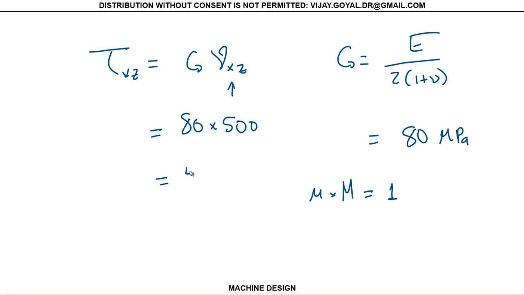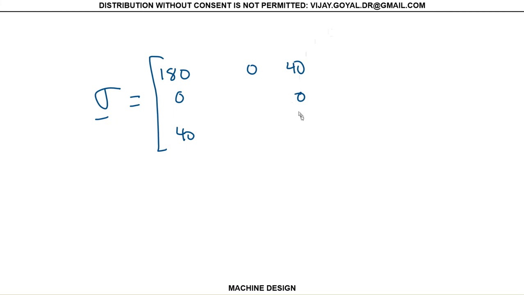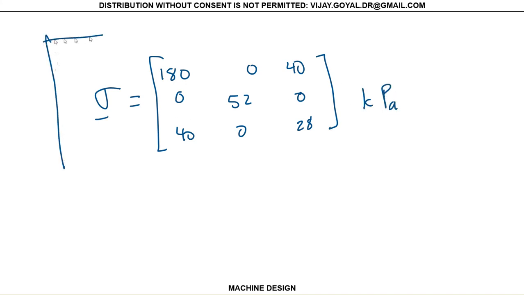So this gives you 40 kilopascals. So if I build my state of stress now, my state of stress for this plane strain problem is 180, 0, 40, 0, 52, 0, 40, 0, 28 kilopascals.